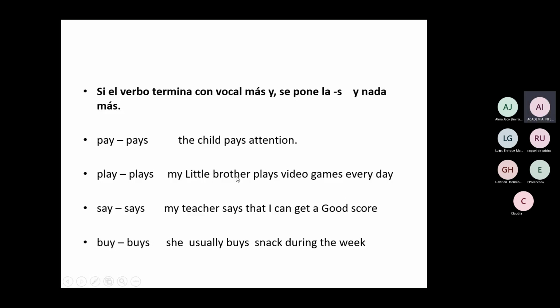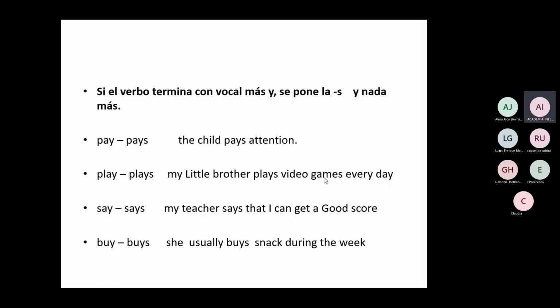My little brother is the subject of the sentence. Es el sujeto de la oración. My little brother plays, that is the verb. Video games every day, that is a complement. Because if I say, my little brother plays video games, está bien.